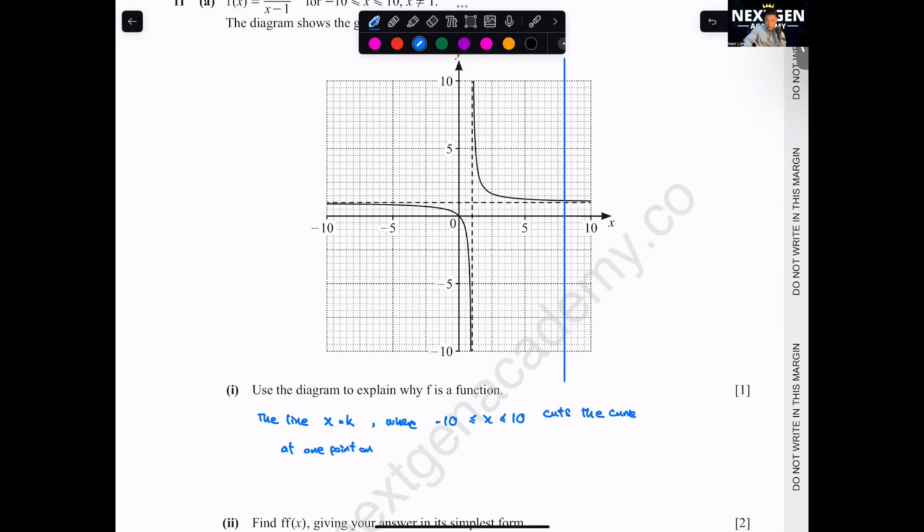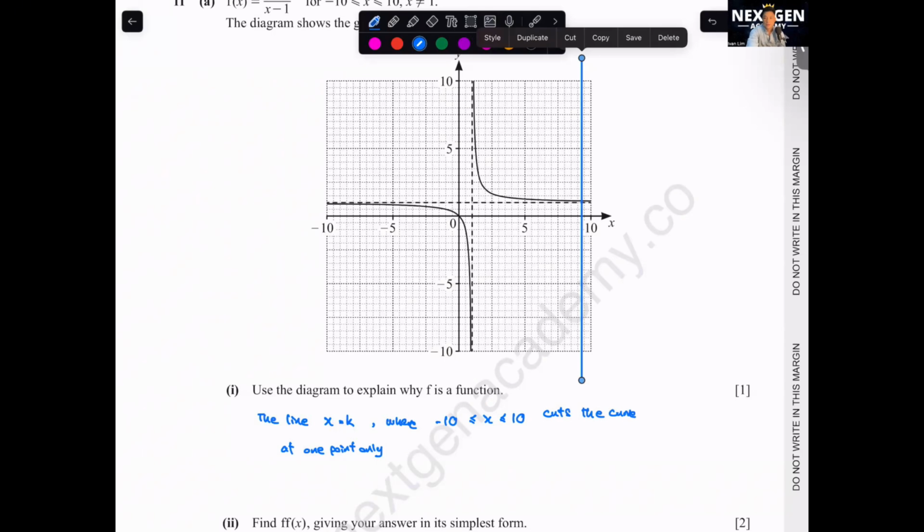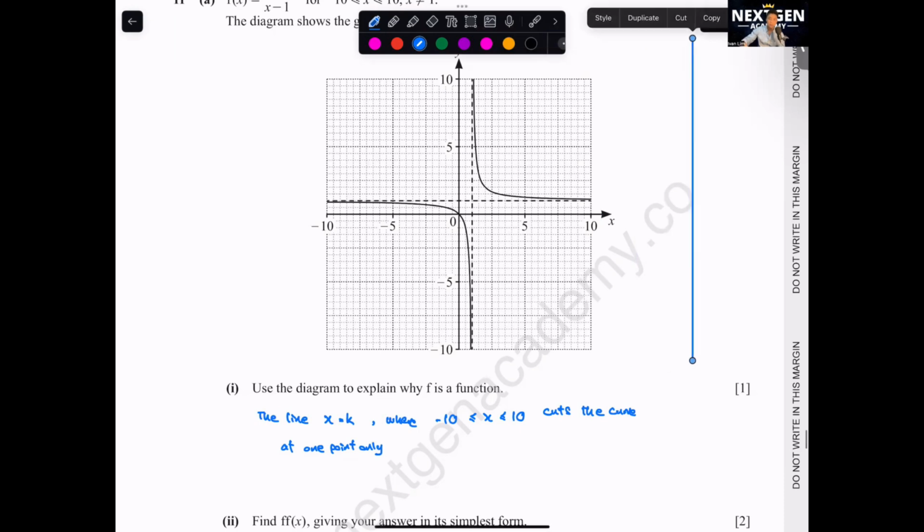That means when you move across the graph, all 1 point only, like this. Actually, both x equals k and y equals k, so you check both sides also, you will get 1 cut only. Okay, so it's a 1-to-1 function.